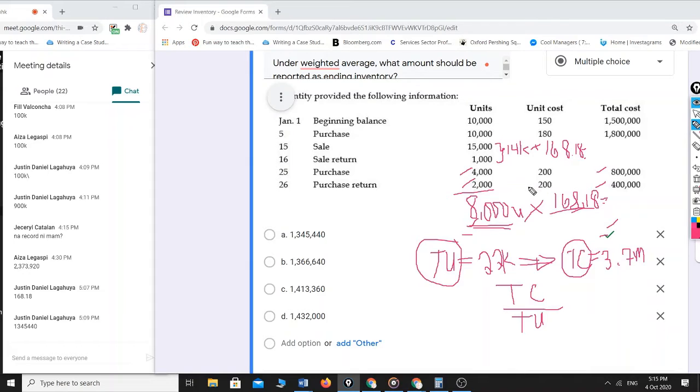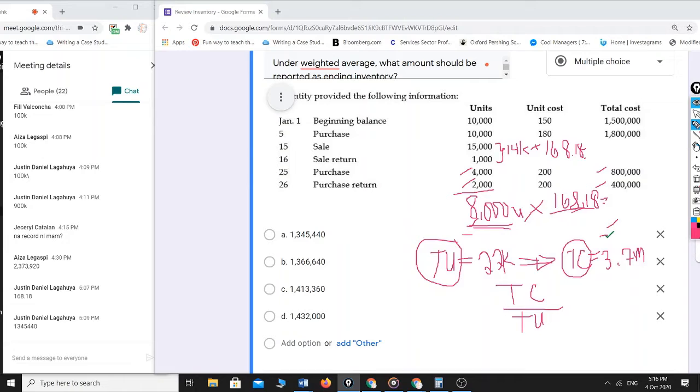If the company is using a perpetual system, they will be using a different approach. Though it is still a weighted average, it is a different approach. You don't just total everything directly; instead, every update to the inventory, you compute the average.